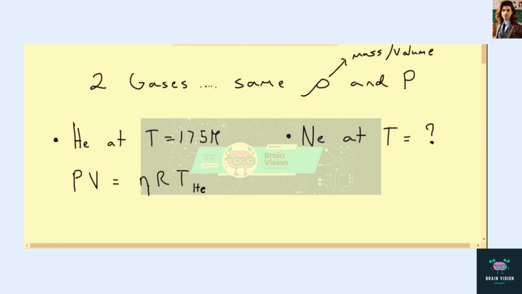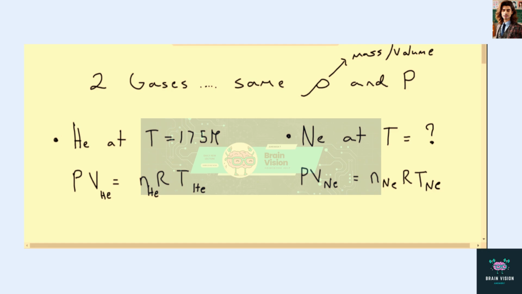I'm going to put a subscript on the number of moles, again, because it's specific to helium. And same thing for the volume. I'm not going to put it on the pressure because that's going to be the same for both gases. Now, if we do the same thing for neon, we'll have PV neon equals n of neon times R times the temperature of neon.